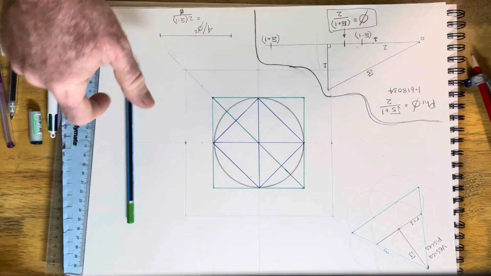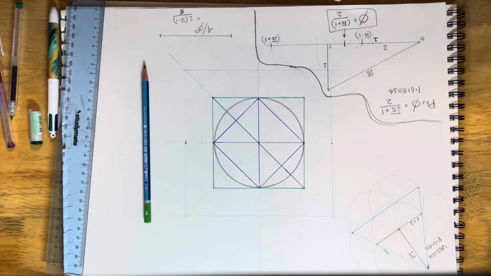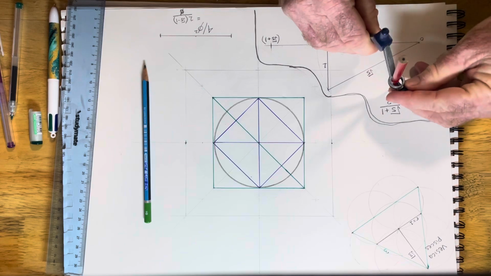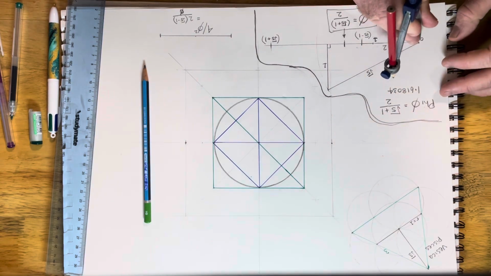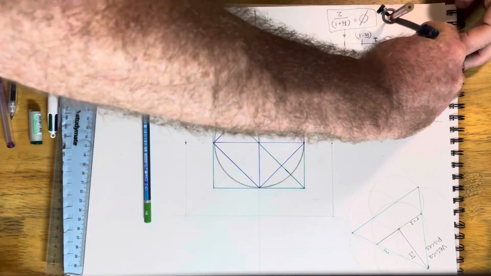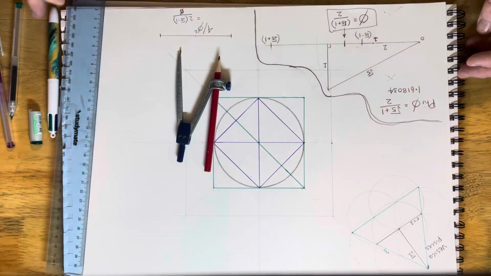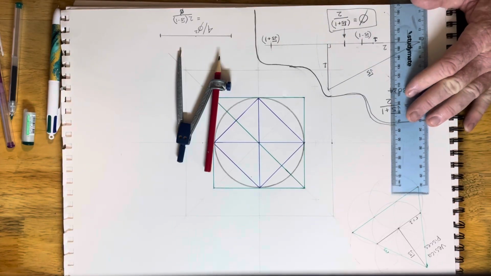And then we want this root 5 minus 1. Oops, we need to divide it in half. We'll just do that quickly. Divide this line in half like this. Oops, it's a bit big. There, and root 5 minus 1. So this is half of root 5 minus 1 is here.